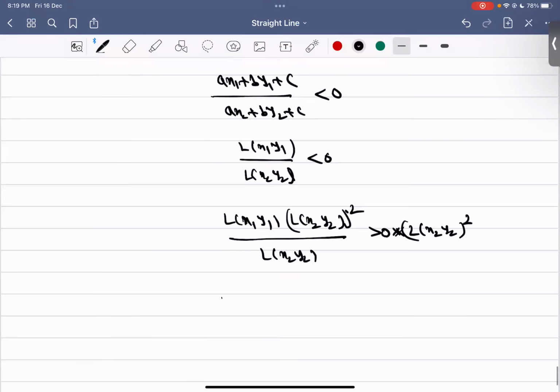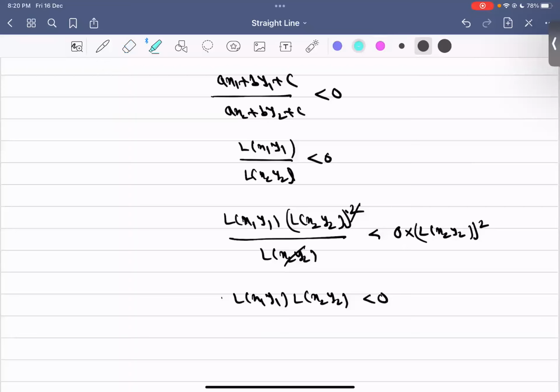Then what you get? This one time cancels. So L of x1 y1 into L of x2 y2 is negative.